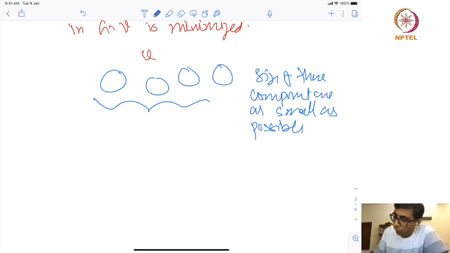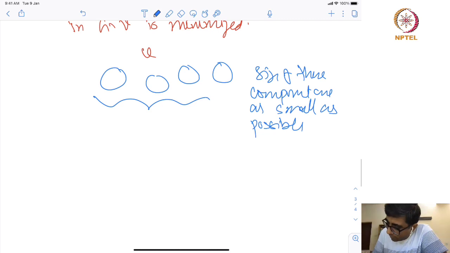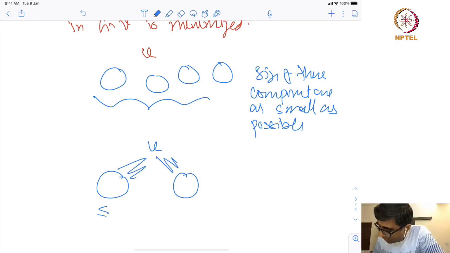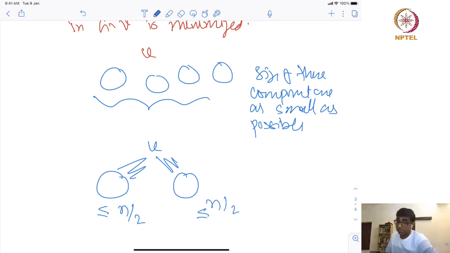So what will you do? Suppose V has two components. So G minus V at least gets two components, and say both have size n over 2, n over 2. Now notice the running time of this algorithm.